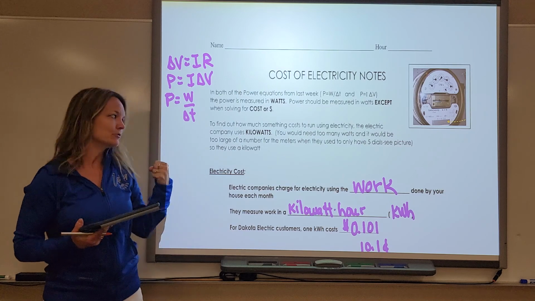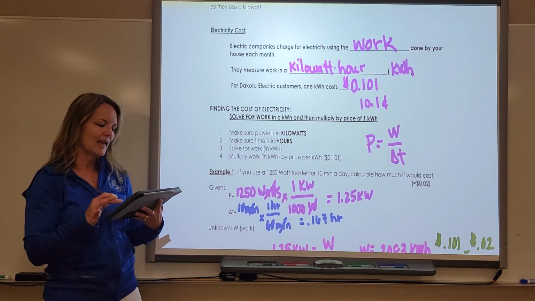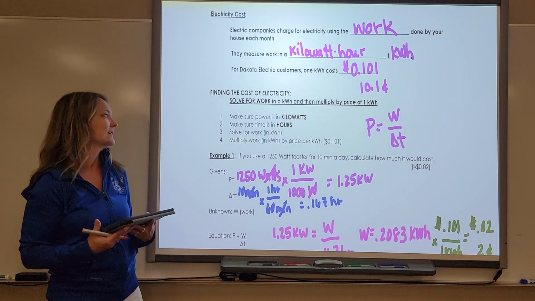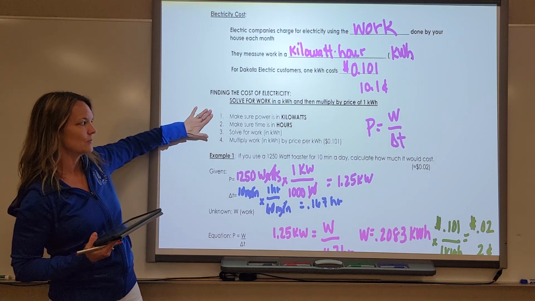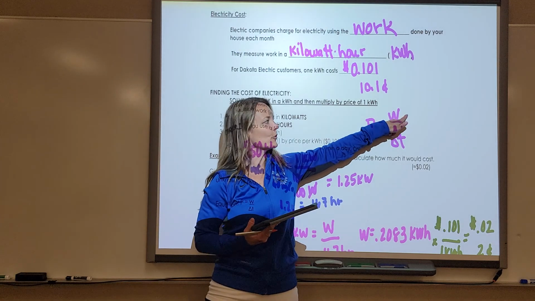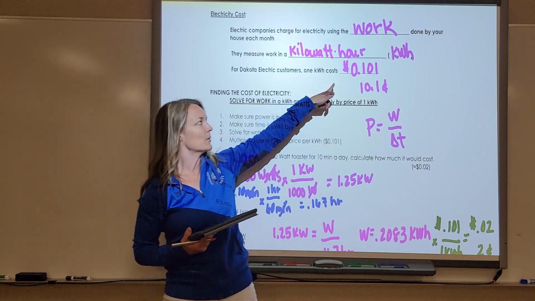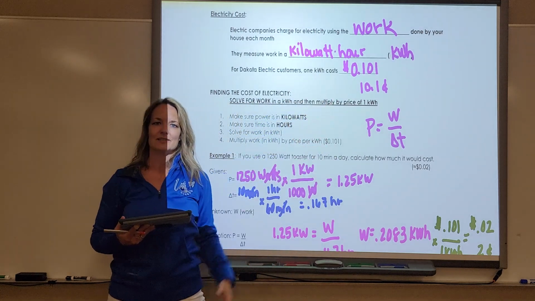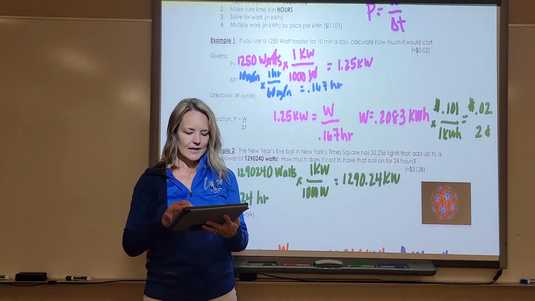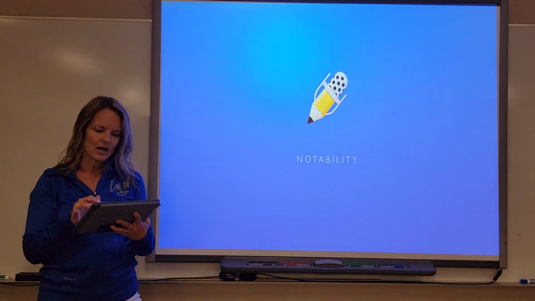But when I want to calculate the cost of electricity, I then have to change things slightly. The power has to be in kilowatts, the time has to be in hours. I solve for the work done in a kilowatt hour, and then I multiply it by 0.101 to change it into money. All right, let's do one on our assignment together, just so that you get a head start on it.